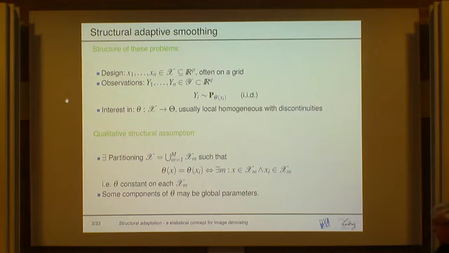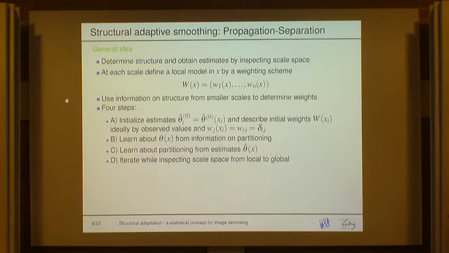So the general idea is to determine the structure, so the local homogeneity regions, and the parameter values of theta by inspecting scale space. At each scale, we define a local model by a weighting scheme. So x is the design point.